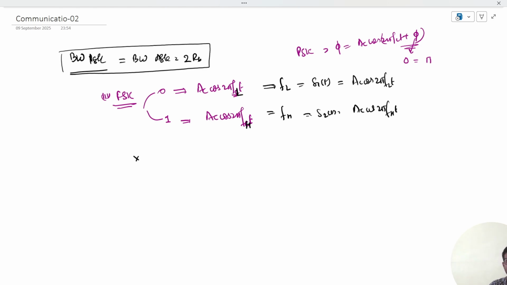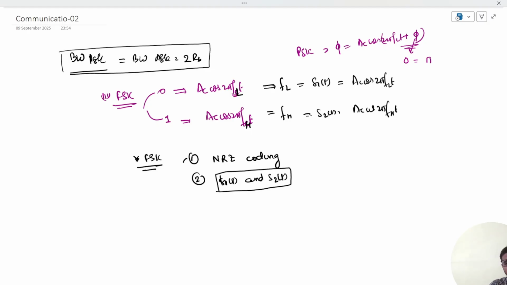Now, some important points with respect to FSK. Note them down. Number one, we use NRZ coding. In FSK, what do we use? NRZ coding. Number two, to represent S1(t) and S2(t) on the constellation diagram, S1(t) and S2(t) must be orthogonal.